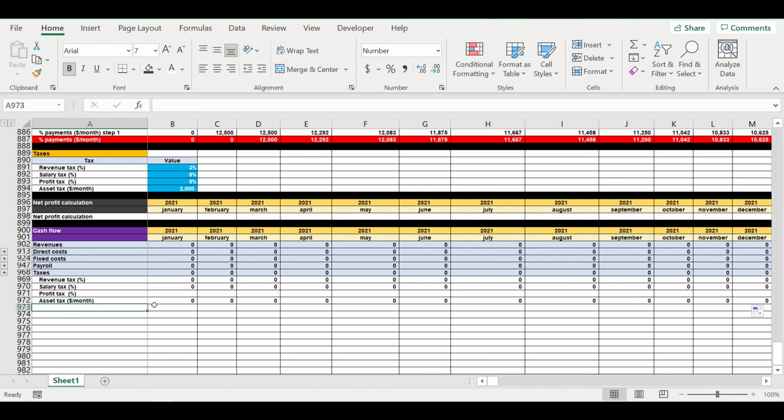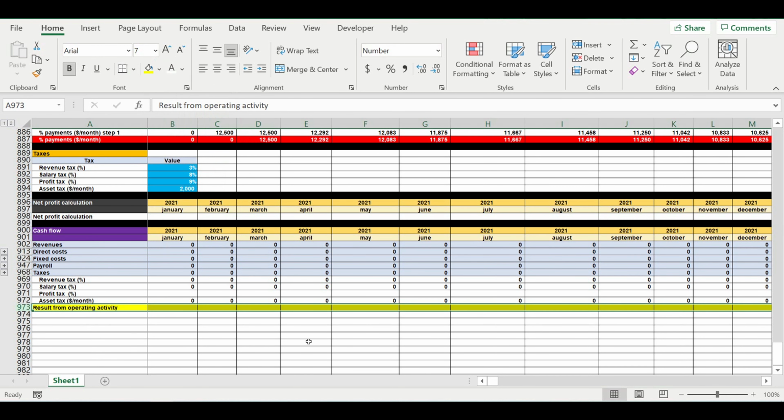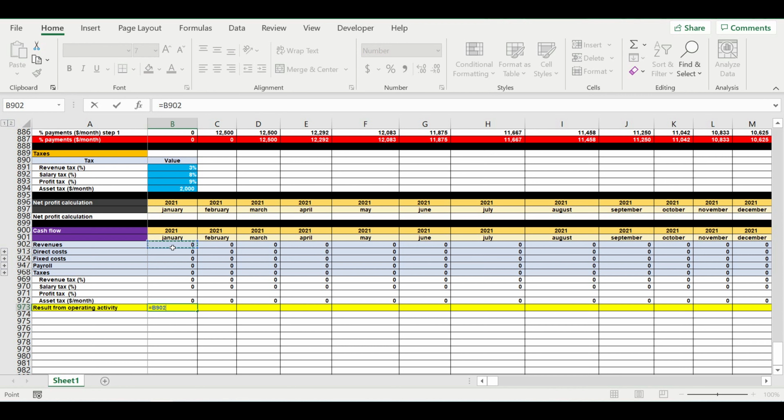Then we have to create the result from operating activity. So we'll take this minus this minus this minus this and minus taxes.